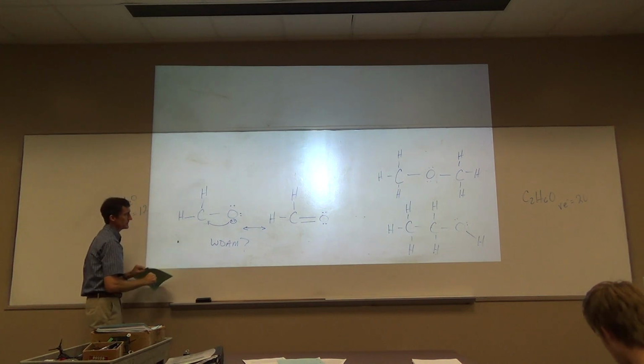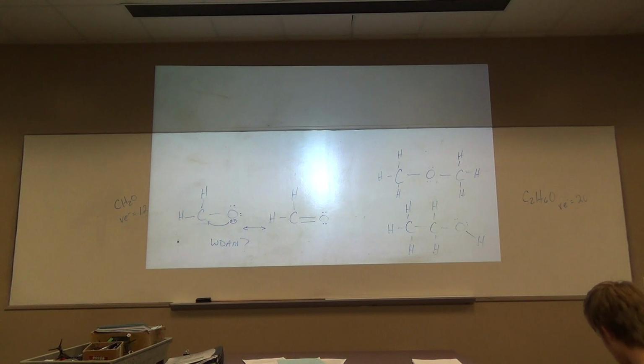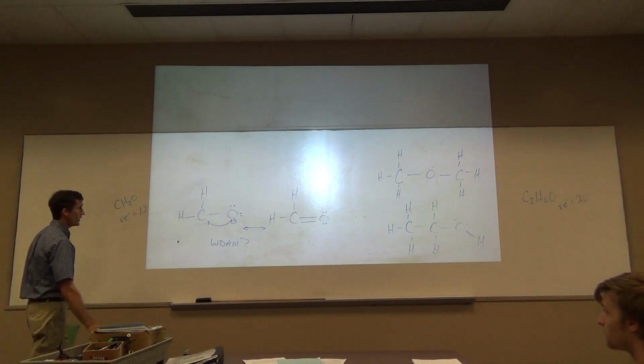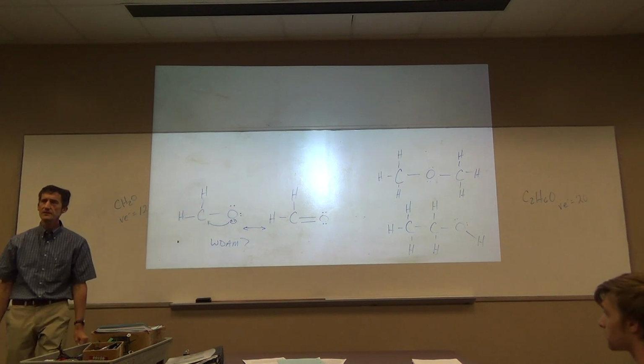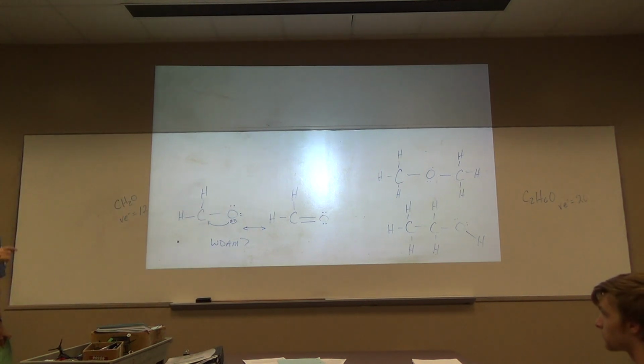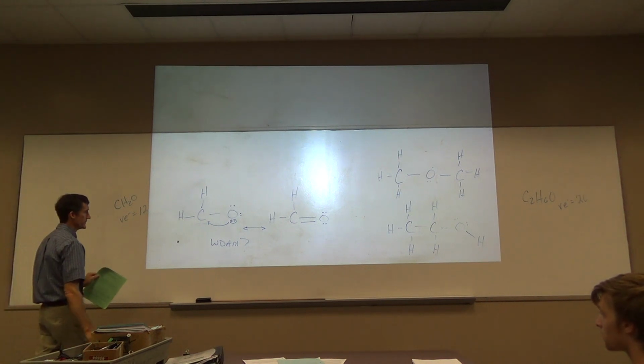What's the charge of the carbon here? +1. Yeah? How do we do charge? Charge is done by how many electrons this carbon brought to the dance. How many does it own itself? How many did it supply? The octet count is a shared count.